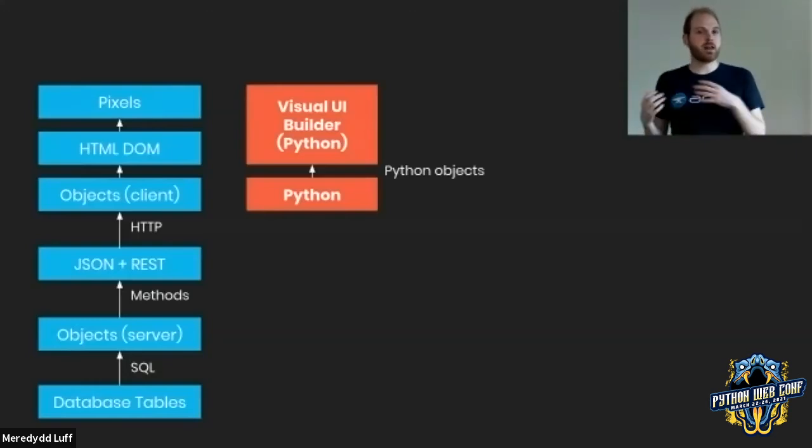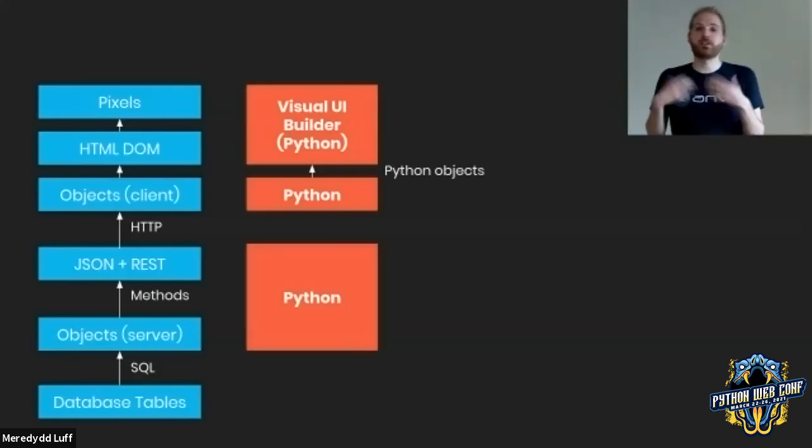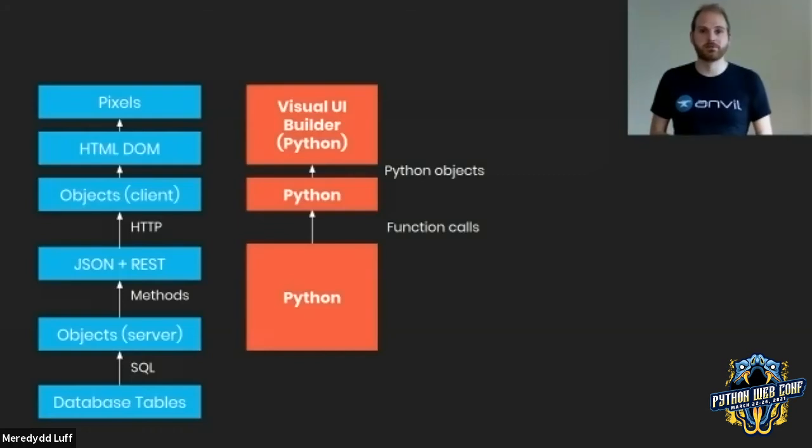So when you are driving your user interface, instead of manipulating HTML DOM, you're just changing attributes on Python objects. The server side is Python code, obviously, but when you've got Python on the server and Python in the client, then you don't need to mash all of your data into JSON and REST endpoints. You can just make a function call.